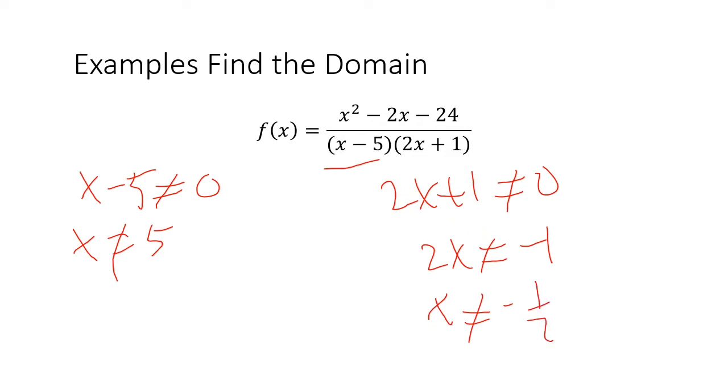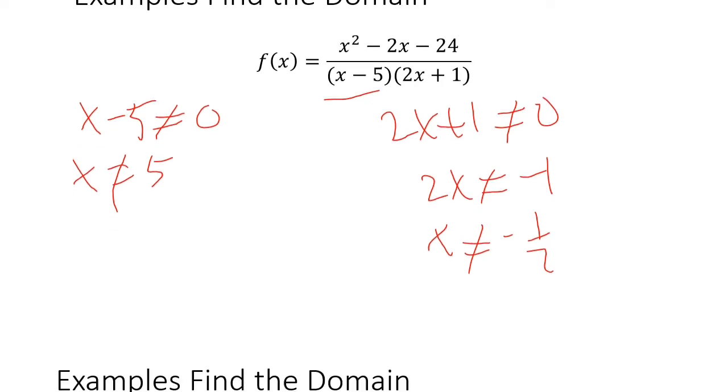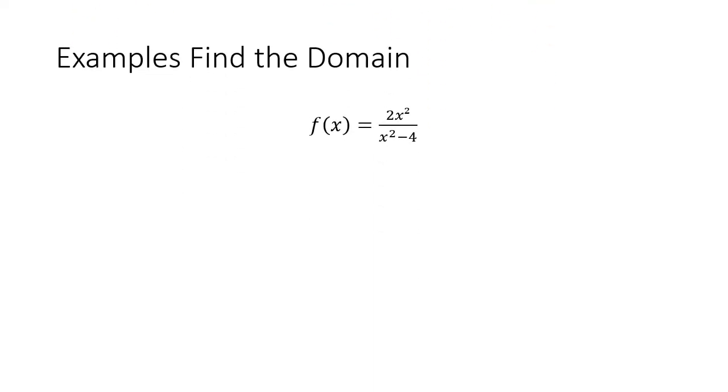Feel free to pause and try the next examples before I give you the answer. So here we have another example. Pause if you'd like to try before me. If not, here we go.